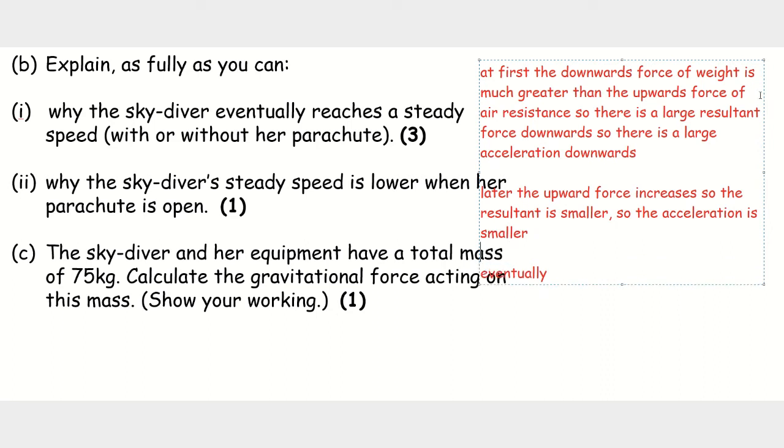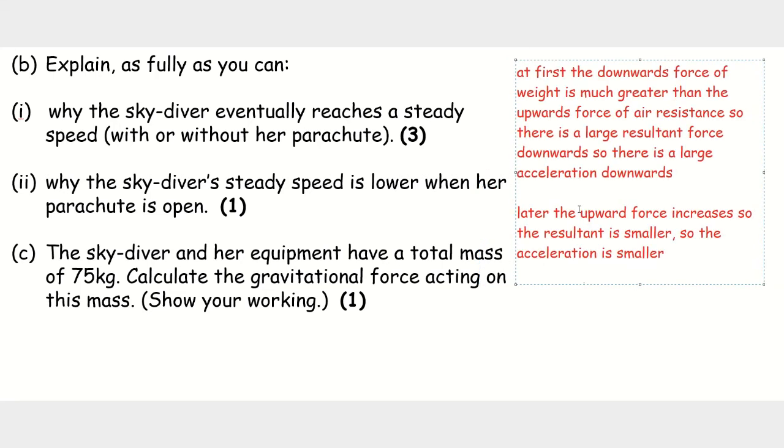And then we get to the eventually, which is really the crux of the question. We're talking about why we've got a steady speed. So eventually the downwards weight force equals the upward air resistance.